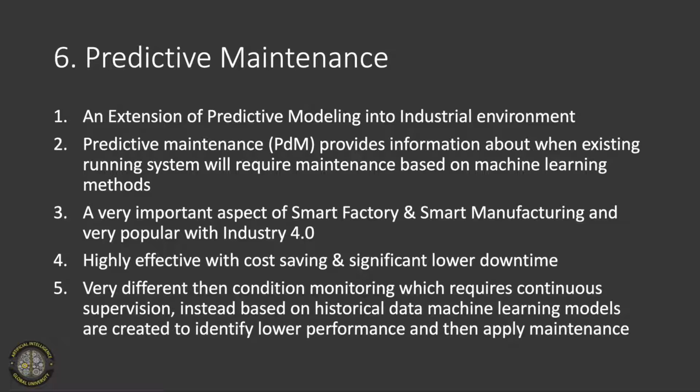Our next topic is predictive maintenance. Predictive maintenance is the extension of predictive modeling into the industrial environment. Industries have machines that work all the time, and if a machine goes bad, it stops the production, and that downtime causes several problems.